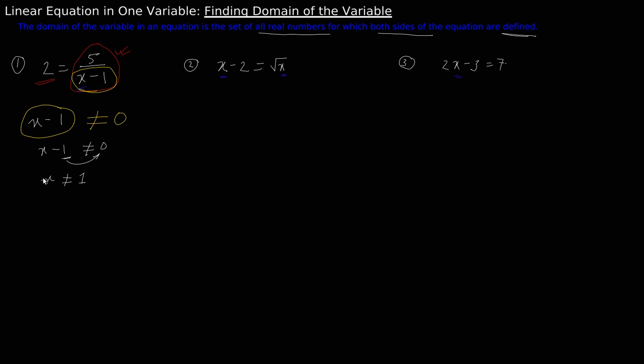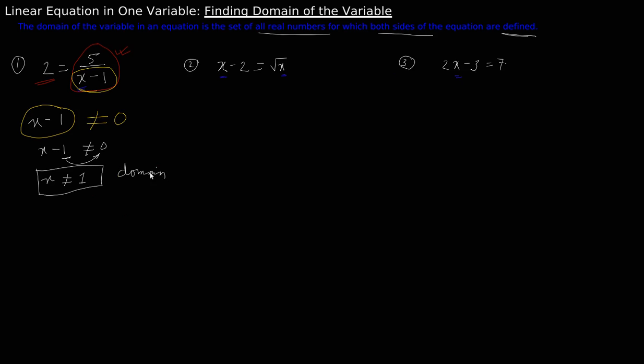So except x equal to 1, all the real numbers are fine. That means except for x equal to 1, all the numbers satisfy both left hand side and right hand side. That means the equation is defined.